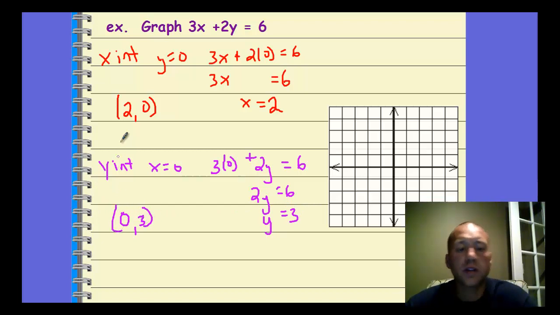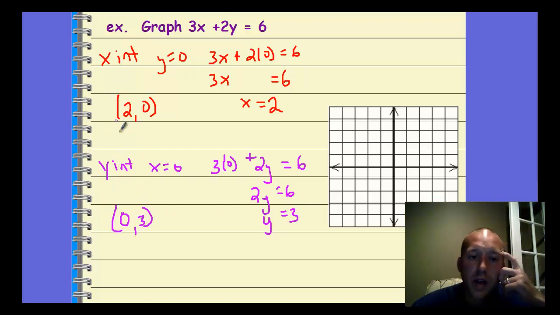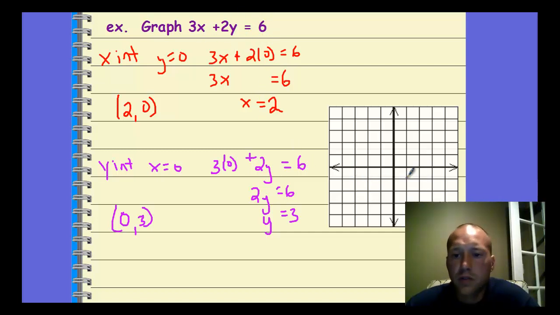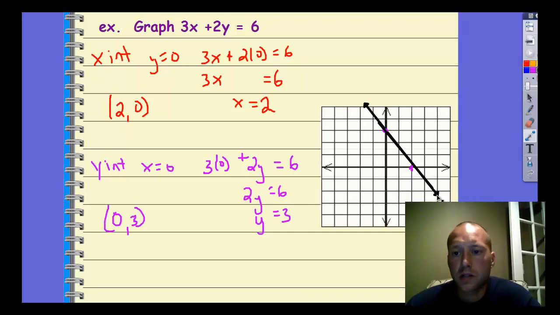Now it's a coincidence that the 2 and 3, the x-intercept and y-intercept, are the same in the problem. That's not usually the case, but it is here. And so let's plot those points. We have 2, 0, and 0, 3. And we can use those 2 points then to put arrows on it.